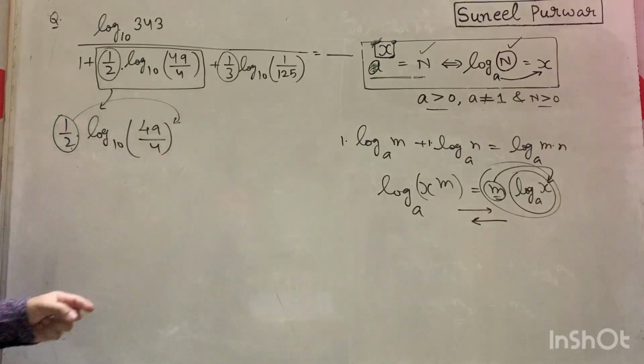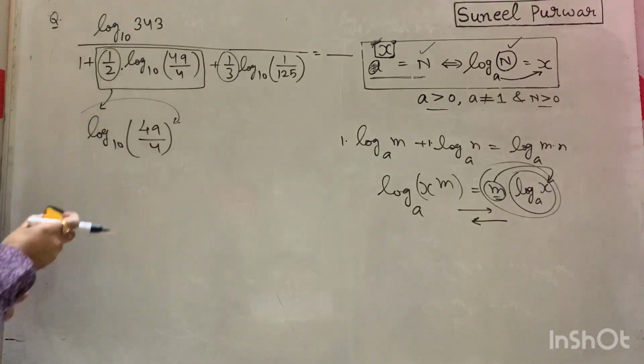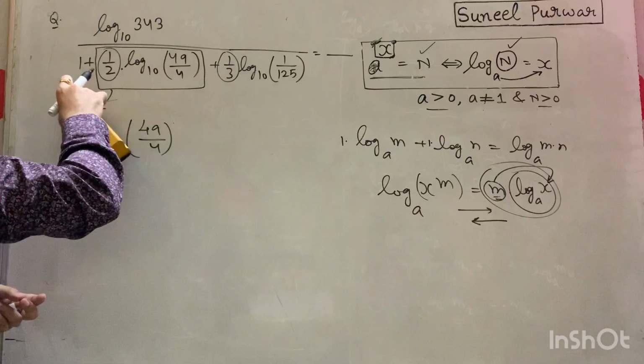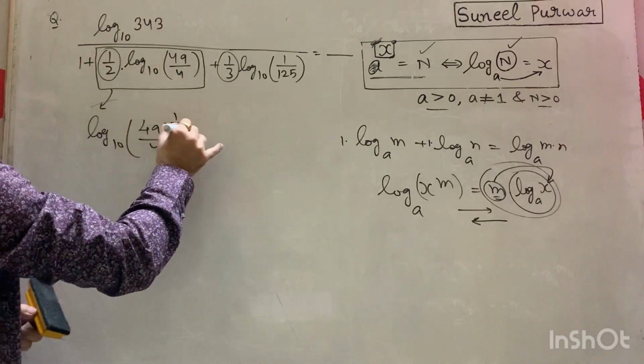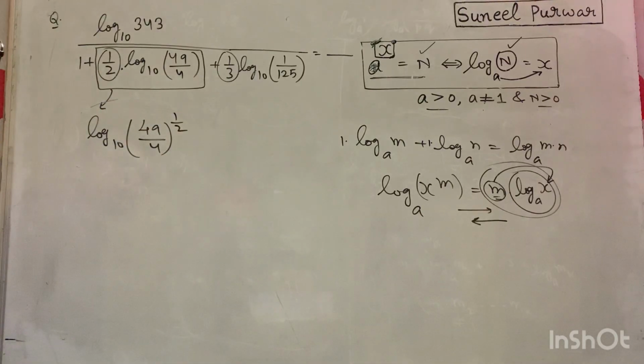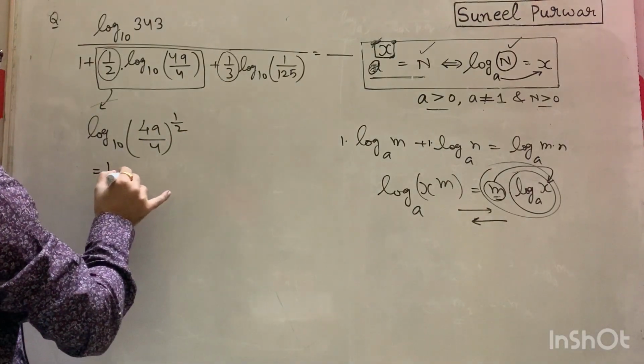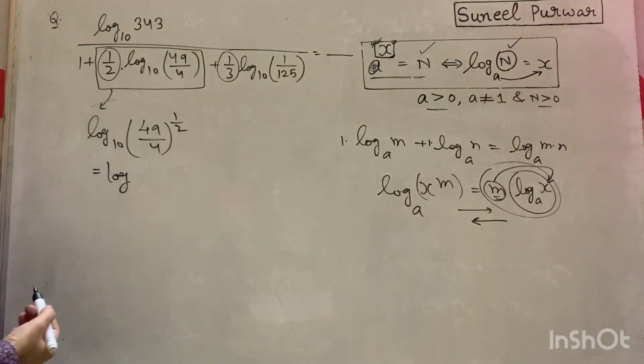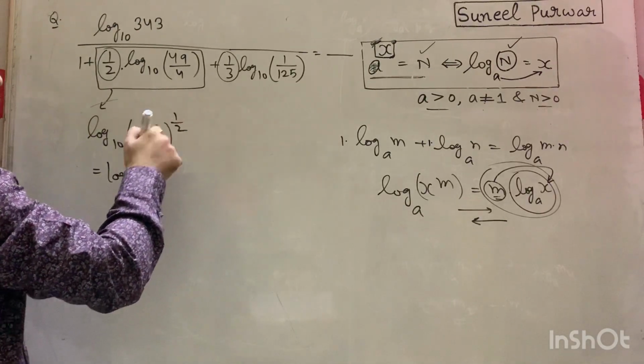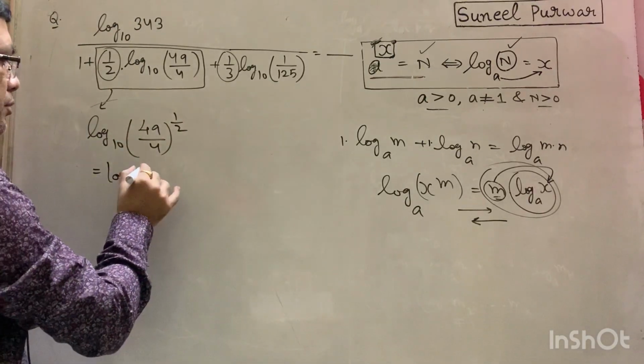So 1 by 2 goes to this place and it becomes power 1 by 2. Got it? Now this number is nothing but square root of 49 by 4. What is that? 7 by 2.